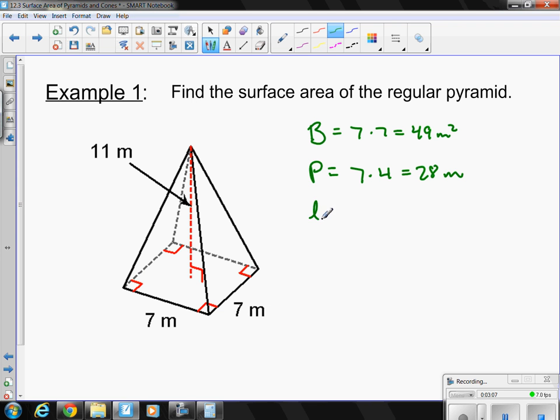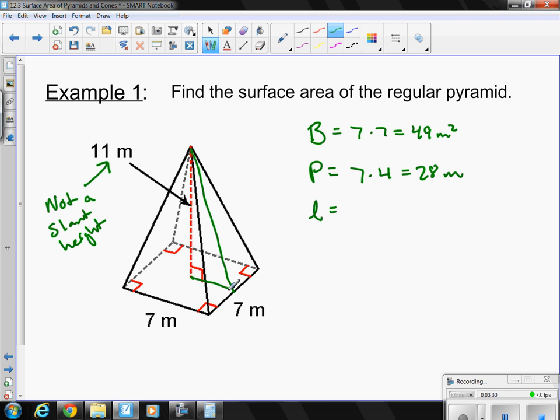And I need to know my slant height. And this is where it gets tricky, because this is not my slant height. That is the height of my pyramid, not a slant height. So what I need to do is figure out this height.